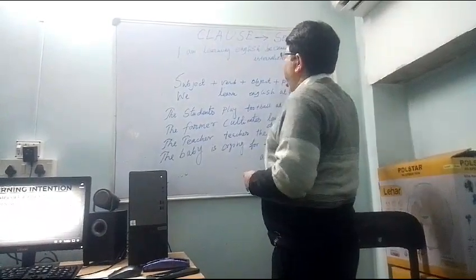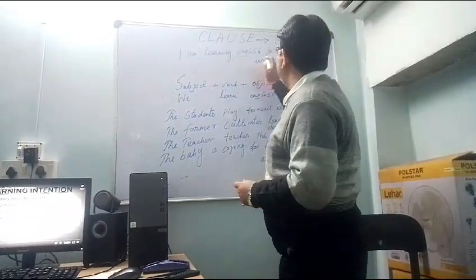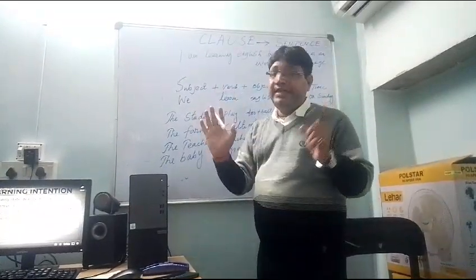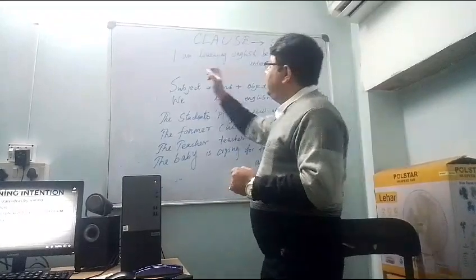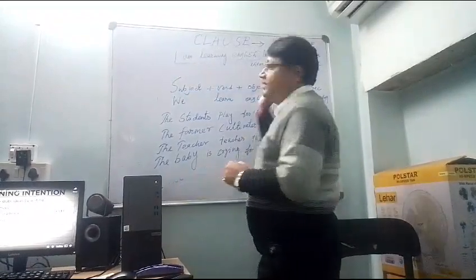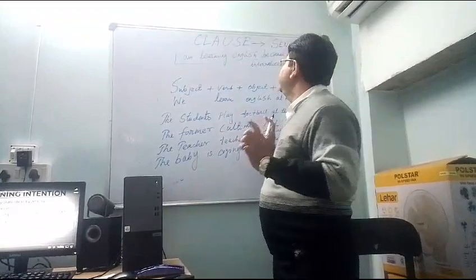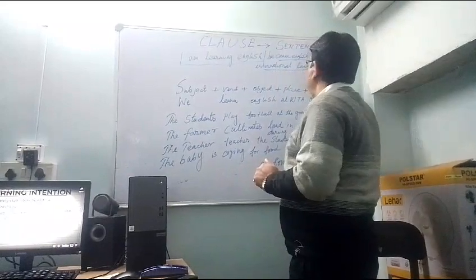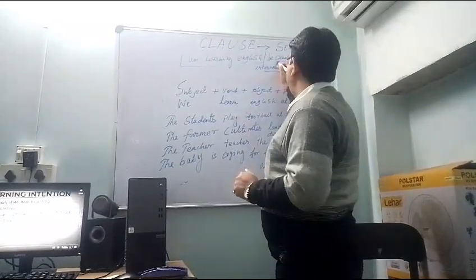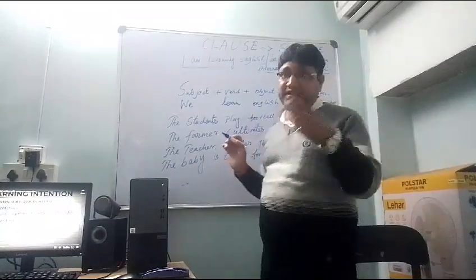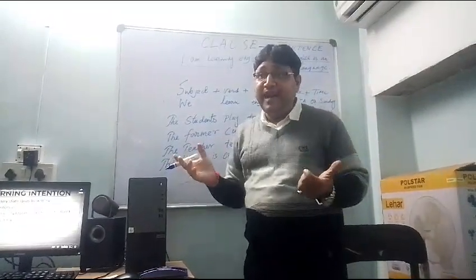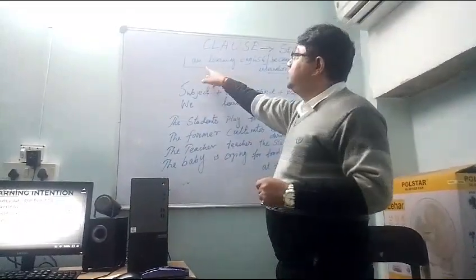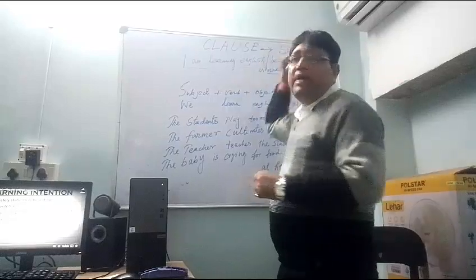You see, here it is a very big sentence: I am learning English because English is an international language. Here two clauses are present. The first one is I am learning English. Okay, it is a complete sentence. But this part, because English is an international language, cannot complete the sentence unless you use the I am learning English part.